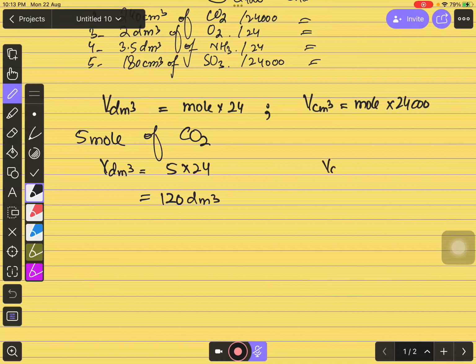Or if you want to find out in centimeter cube, bachcho, just multiply 5 by 24,000, it will give you 1,20,000. ठीक है बच्चों, this is in centimeter cube and the other one is in decimeter cube. Is that right, bachcho?